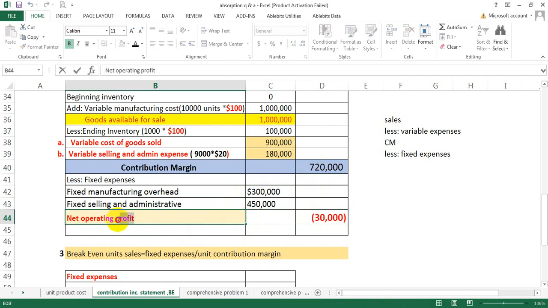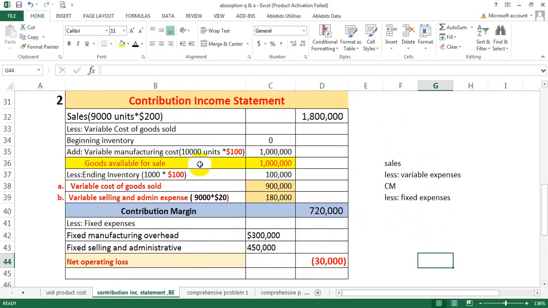This is not my profit, right? This is my loss. How much? 30,000 loss, right? So here we have calculated the contribution income statement, or net operating loss, not income.